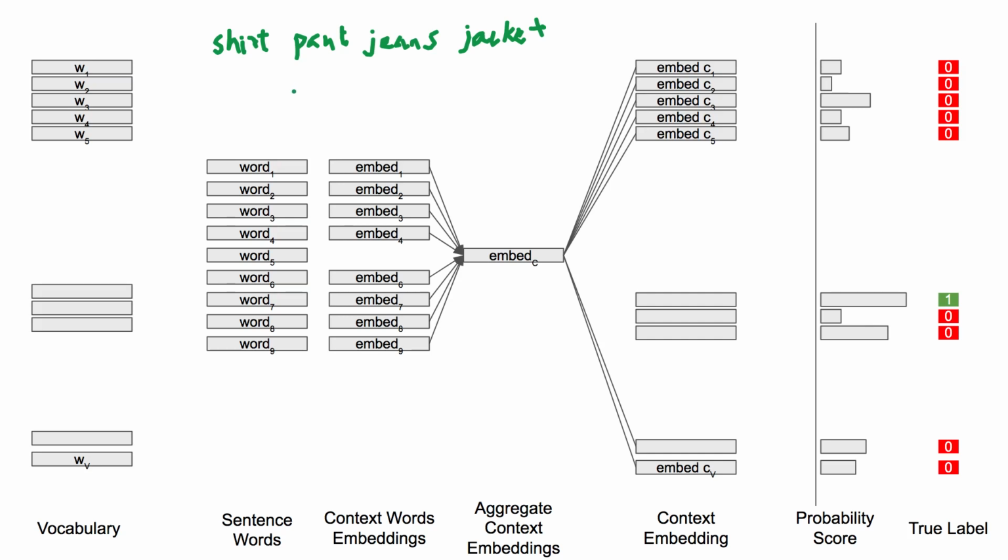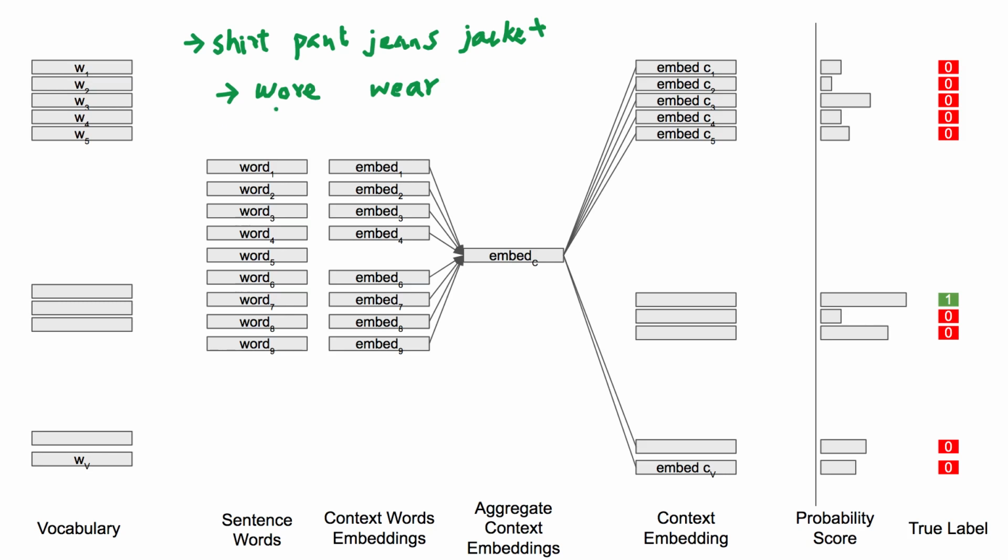And let's say we think of the word something like wore, W-O-R-E, or W-E-A-R, wear. Now, you can have any of these context words occurring with, say, one of these target words.